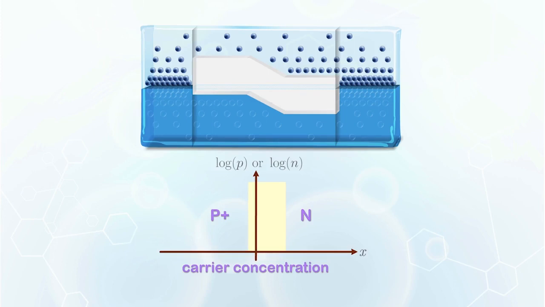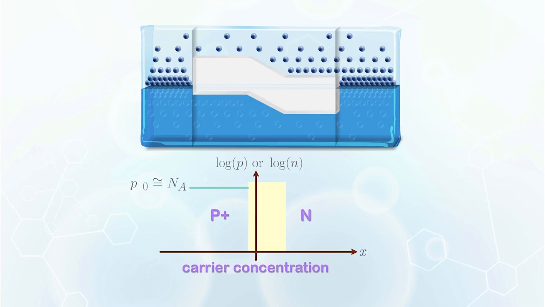The concentration of holes on the P plus side is approximately equal to the doping concentration Na, because holes are the majority carriers. We denote this by Pp0. The first letter represents the carrier type, and P indicates hole concentration.